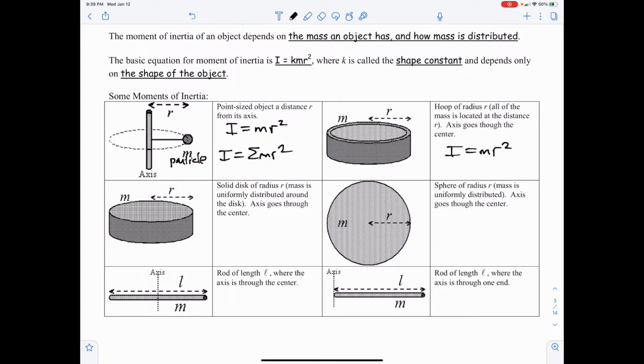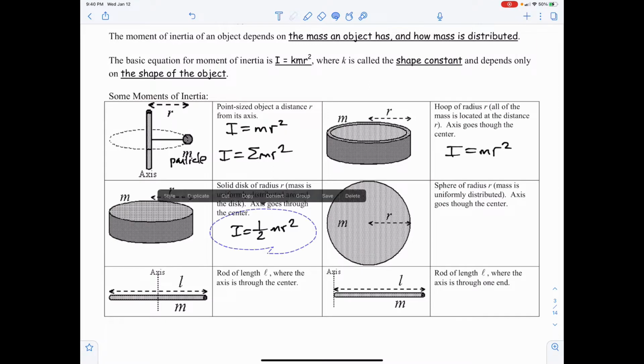The average mass distribution for a disk is closer to the middle. Therefore, it has less rotational inertia, specifically half, 1/2 mr squared.